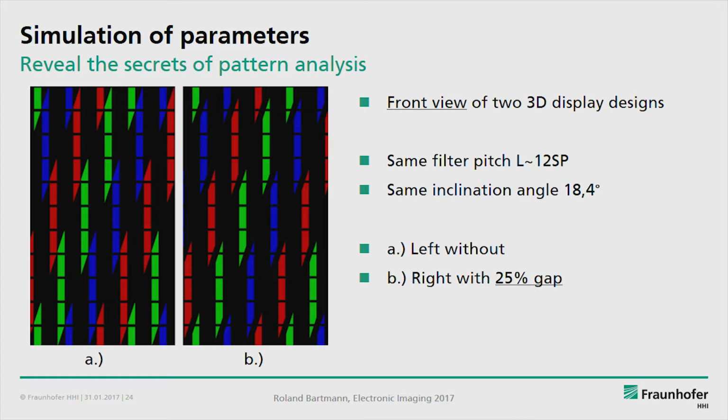So you can see here the different colored stripes, and what's the difference between the both results? On the left side there is no horizontal gap, and on the right side there is a 25% gap. So I will explain to you why we got this.